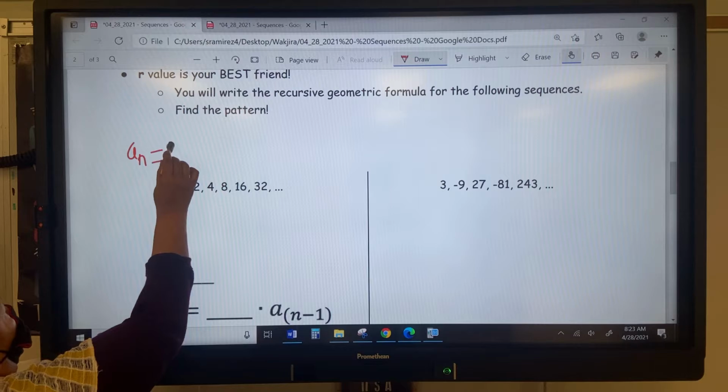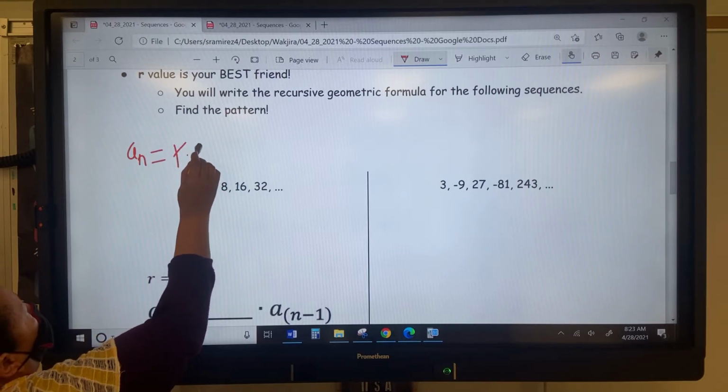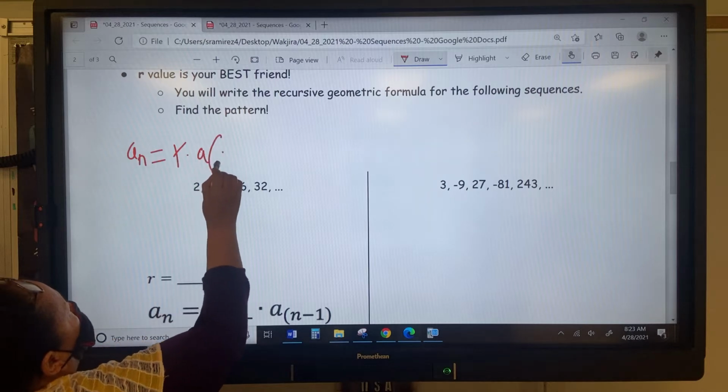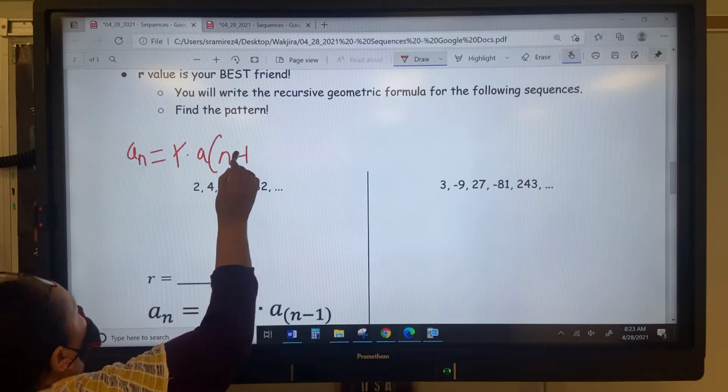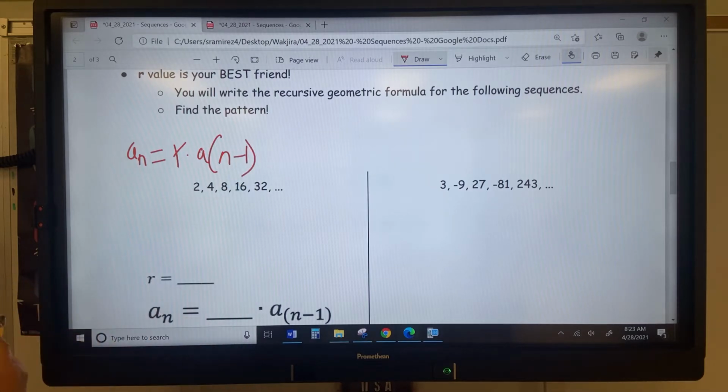Okay, in order for us to find the R, our formula is A sub n equals R times A sub n minus 1. This one is our formula for the geometric sequence.